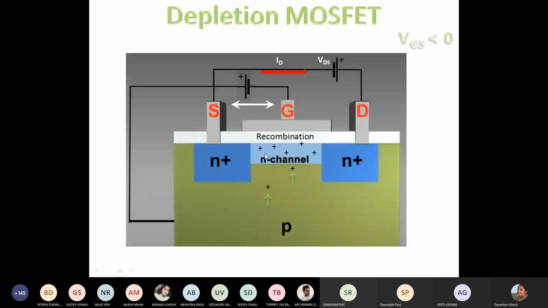So the number of available electrons responsible for the current starts falling drastically as soon as you apply VGS equal to some negative value. As soon as you apply a negative potential between gate and source, due to this attraction of the holes, the N channel loses its electrons due to the phenomenon of recombination.